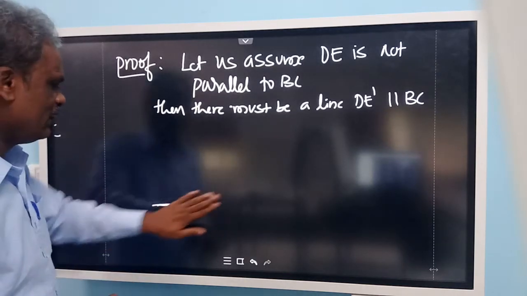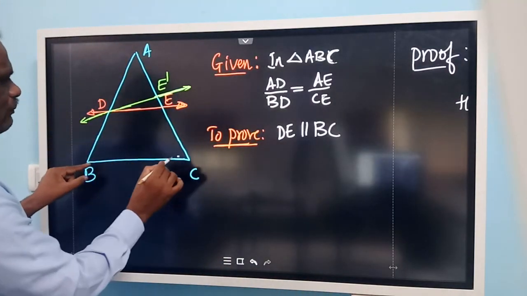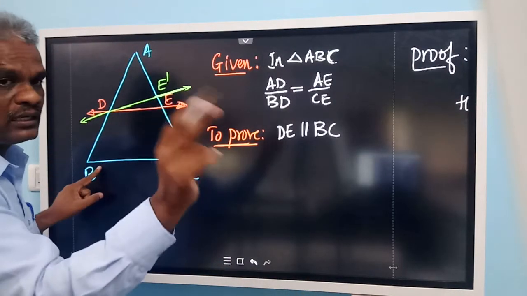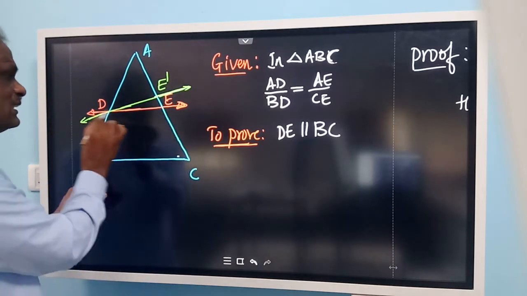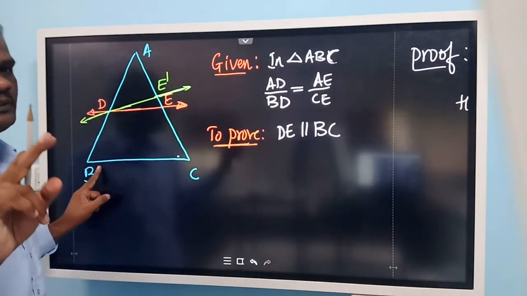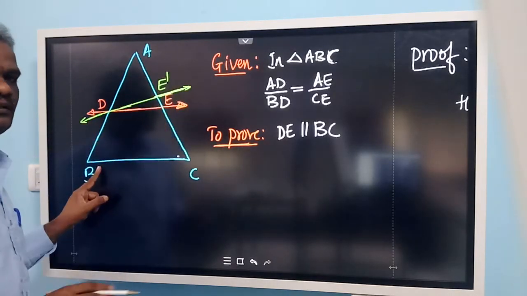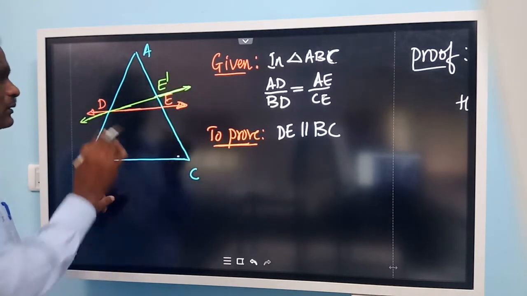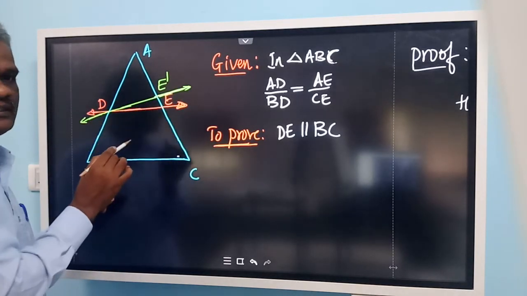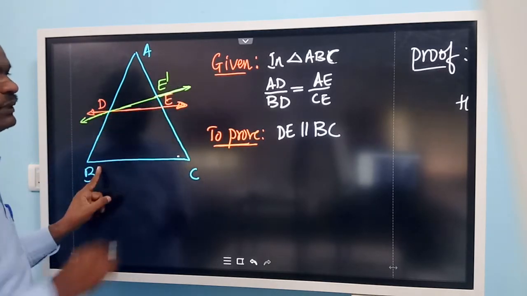In the same way, you can draw one line parallel to BC here. This is the line BC. We are assuming that DE is not parallel, and if so there should be one line parallel to BC, which I have taken like this. It is our assumption only. We have to prove that this is wrong. So DE not parallel to BC, then DE dash should be parallel to BC.